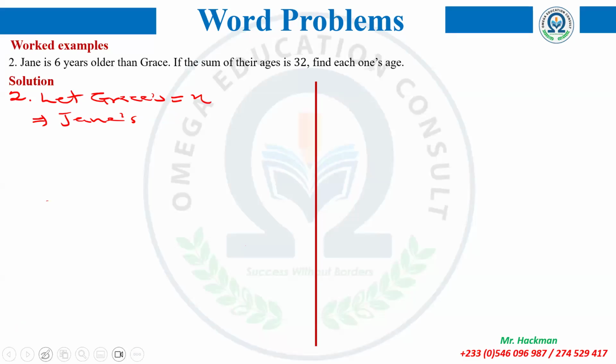That is wrong. You can't write "let Grace's be equal to X." So let me clear that and do the needful. So Grace's age is equal to X. Then Jane's age will be equal to X plus 6. Do you agree?